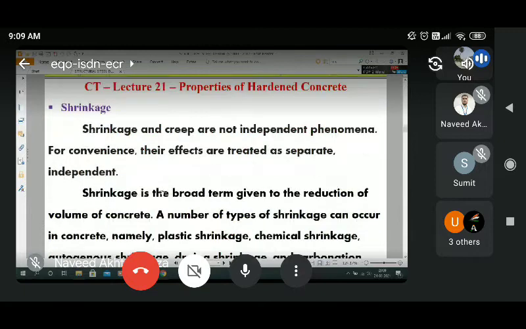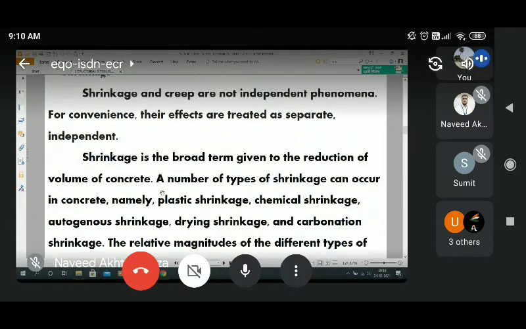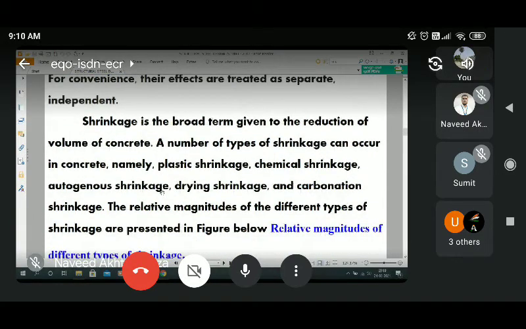If you compare with creep, shrinkage and creep are not independent phenomena. For convenience, their effects are treated as separate and independent. Shrinkage is the reduction of volume of concrete, and a number of types of shrinkage can occur in concrete.